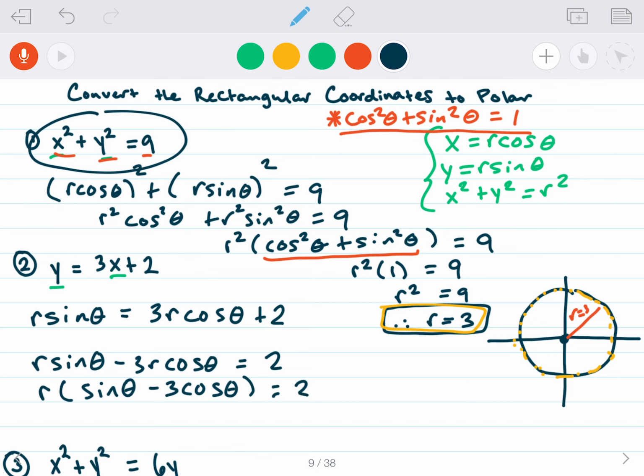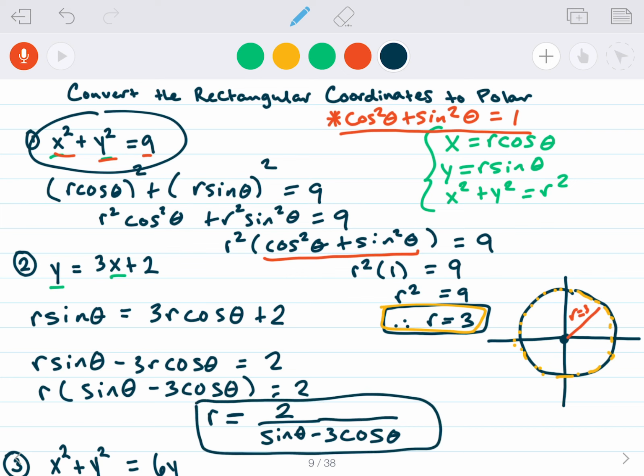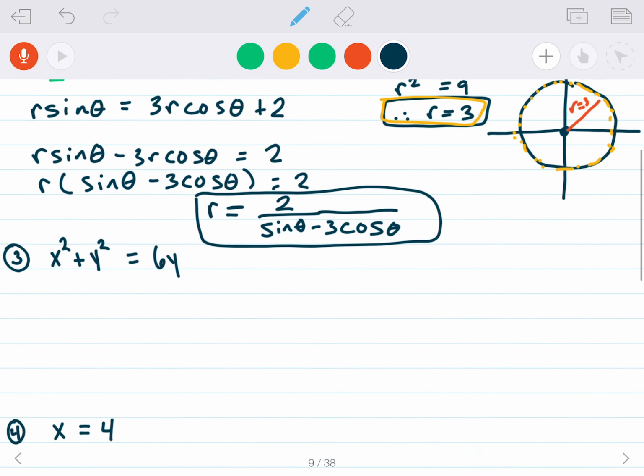And then I can solve for r, so I get r in terms of theta. It's a function of theta, and it's going to be 2 divided by (sine theta minus 3 cosine theta). And that's my answer in polar coordinates. I only have r's and thetas. So, that's it. Okay, let's do another one.